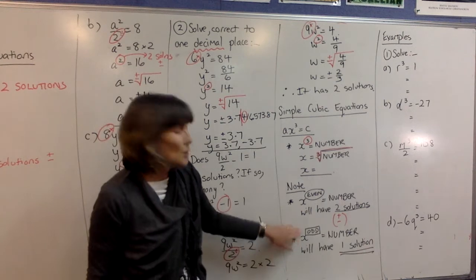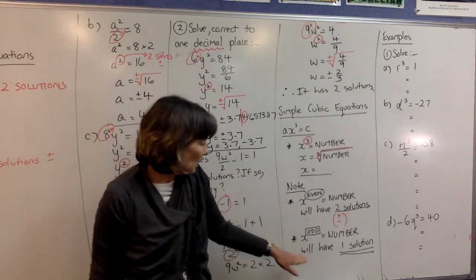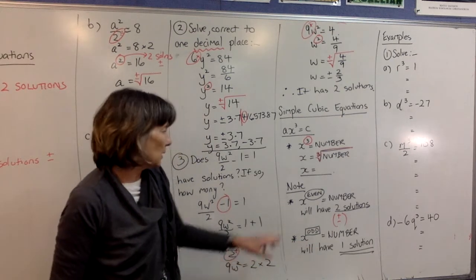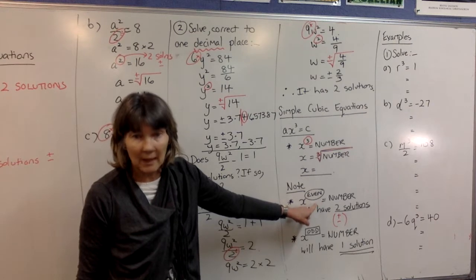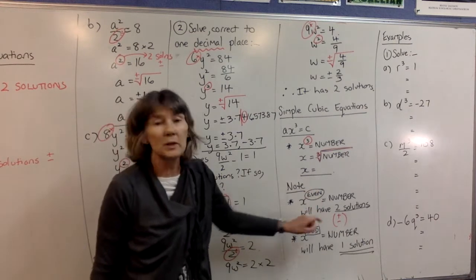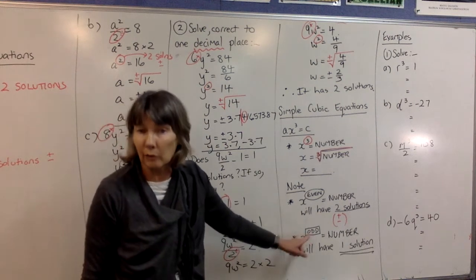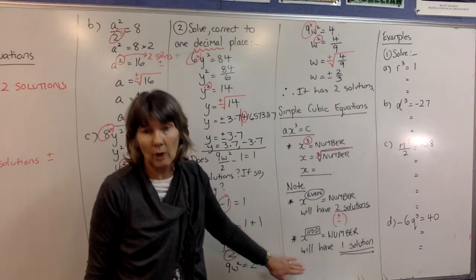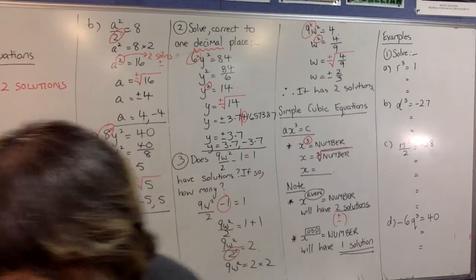If you have x to an odd power, like an x cubed, a 3 up there, you will end up with 1 answer. Now, that will apply to anything. So, if I give you x to the power of 250, that's even, you know it's going to have 2 solutions. If I give you x to the power of 149, that's an odd number, you know it's only going to have 1 solution.